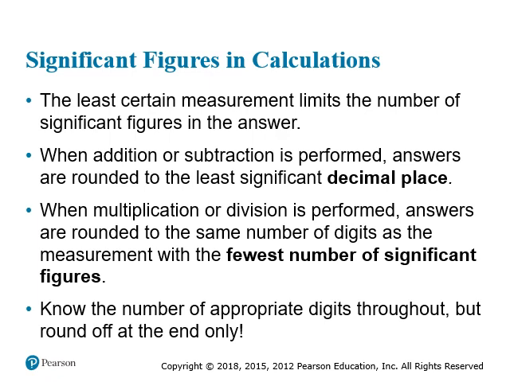When adding or subtracting measurements, the answers are rounded to the least significant decimal place. When multiplying or dividing, your answer will be rounded to the same number of digits as the measurement that has the fewest number of significant figures. And once again, I will be supplying you a handout that speaks to this in more detail.